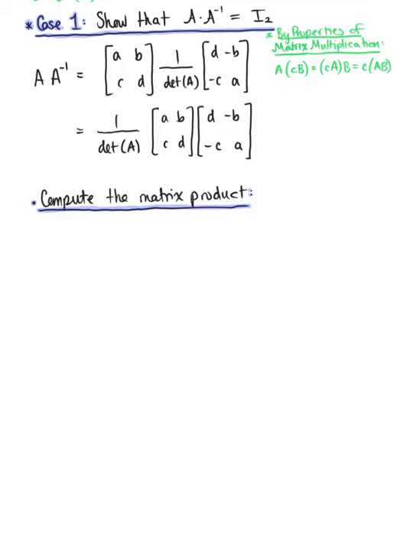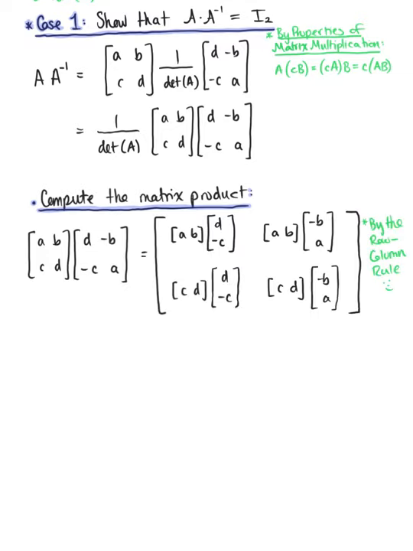We are taking just the product of these two 2 by 2 matrices, and we can expand this by either the row column rule for computation, or you could use your formal definition. I leave that up to you. Pick your favorite method. I'm going to use the row column rule here.